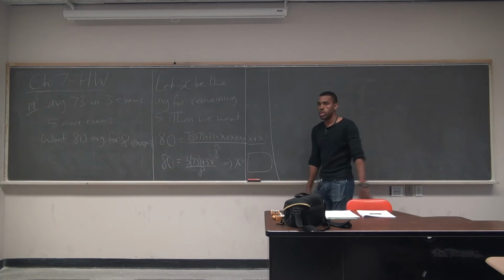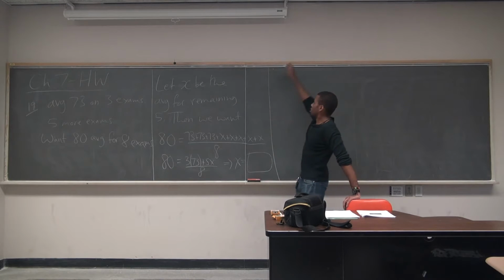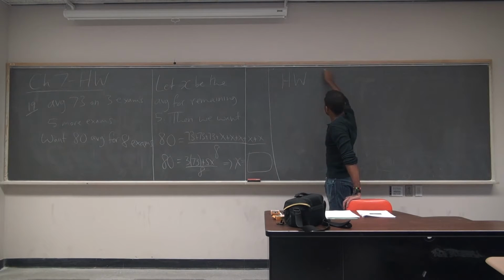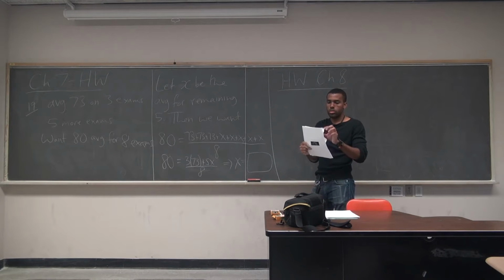Any other questions? No more chapter 7 questions? Chapter 8? For 3C, did we have to draw the graph, or could we just write that it's going to be a bell curve?